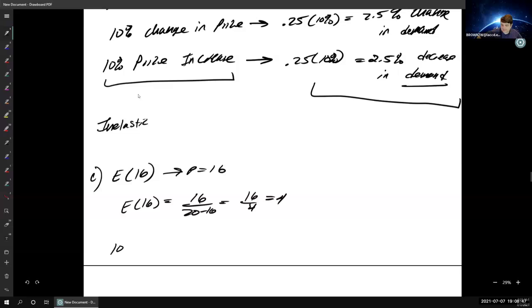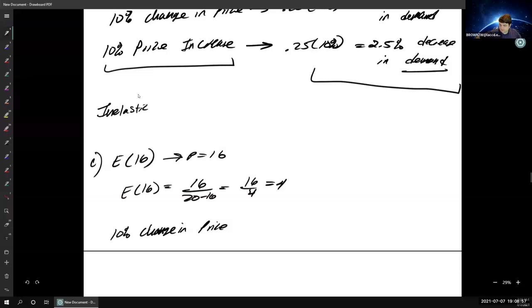If we still had that 10% change in price, now a 10% change in price is going to lead to 4 times that 10%, or a 40% change in demand.